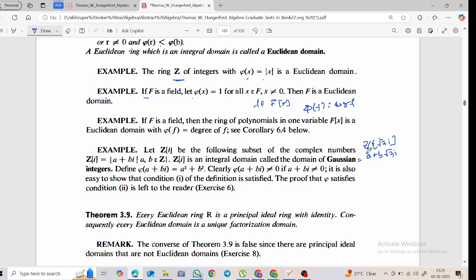Some of them are not even UFDs. The valuation map here is a squared plus b squared.